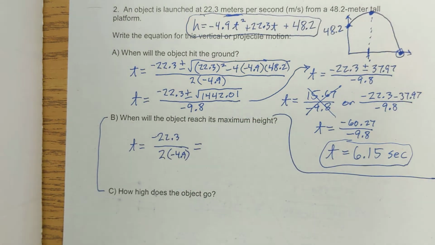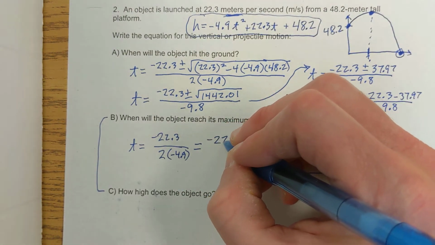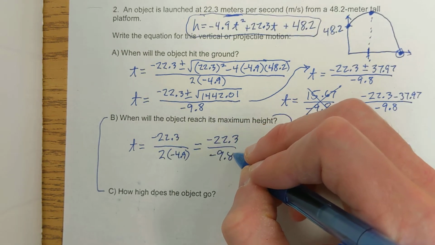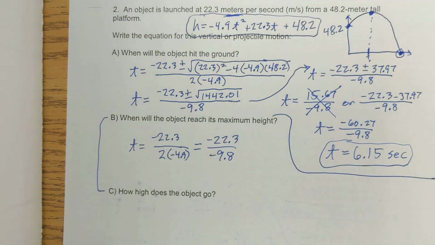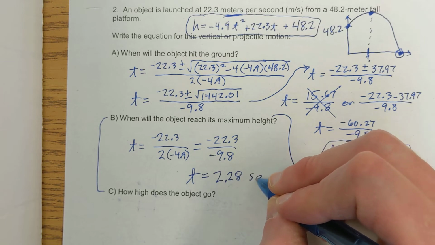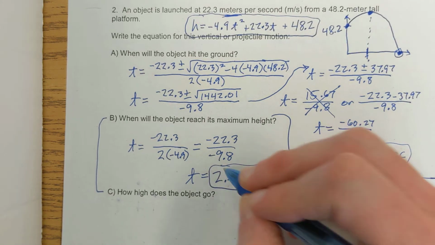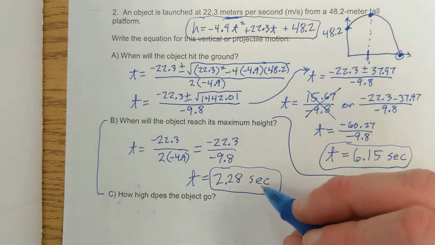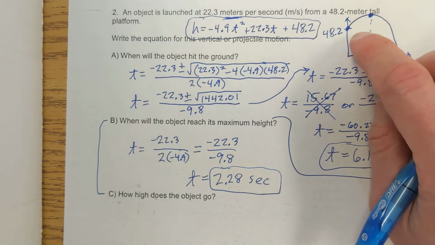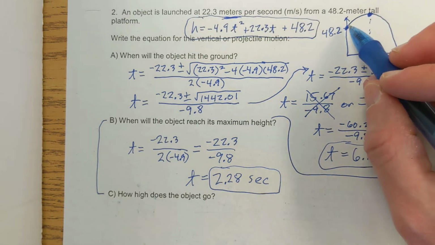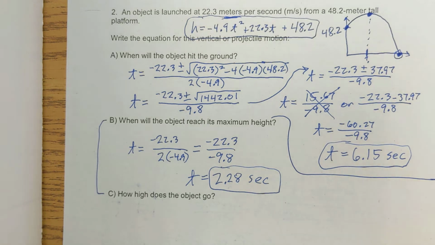Multiply that and we get negative 9.8, much like we did on the other one. Then use your calculator, and our time should be about 2.28 seconds. That is seconds, not meters, because that answer is when it will reach the max. That sounds reasonable. It's not quite halfway. It reaches its max height a little bit sooner because it's starting from so high up.